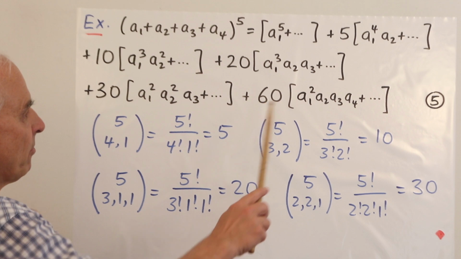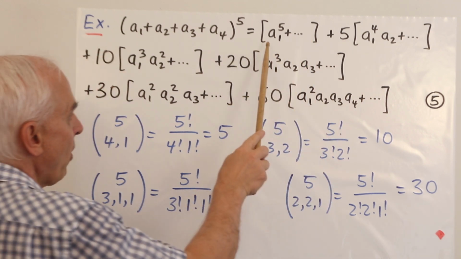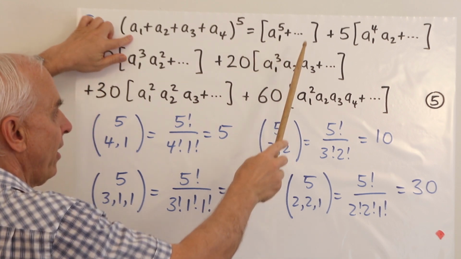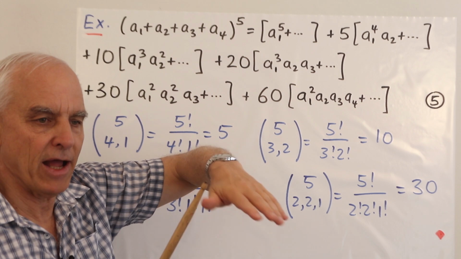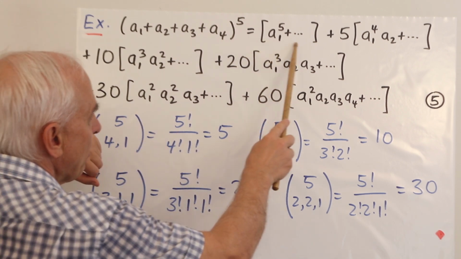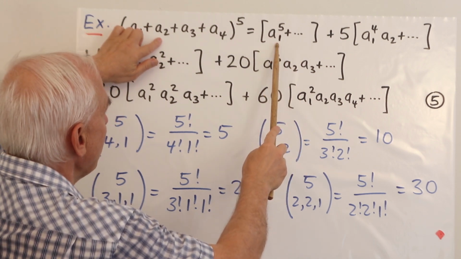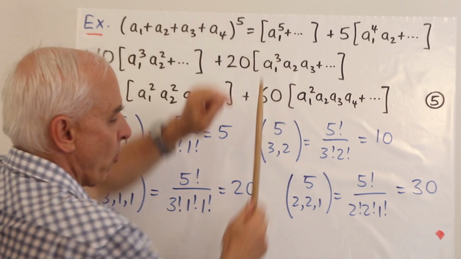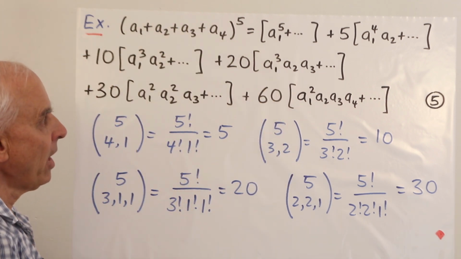It's a little bit incomplete, but let me explain. So this first little bracket here refers to a1 to the 5th and so on. So that means you have to symmetrically extend that so that all the variables are playing the same role. So you should think about this bracket as representing a1 to the 5th plus a2 to the 5th plus a3 to the 5th plus a4 to the 5th. Okay, then it's a nice symmetric expression.